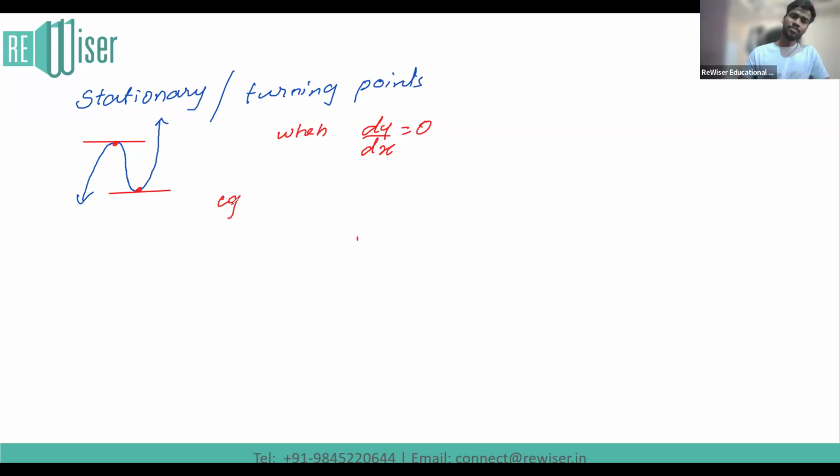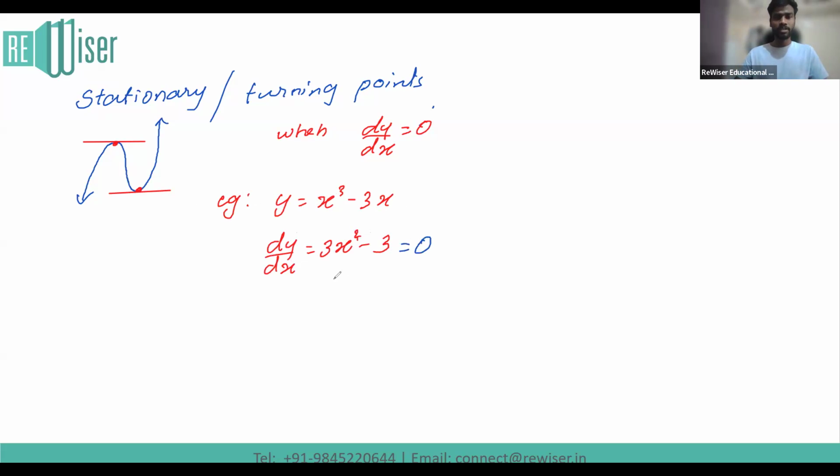For an example, if I have y equals x cubed minus 3x, and I need to find the stationary points here, I have to find the derivative. The derivative of x cubed is 3x squared, minus the derivative of 3x, which is just 3. I equate it to 0 and solve for x.